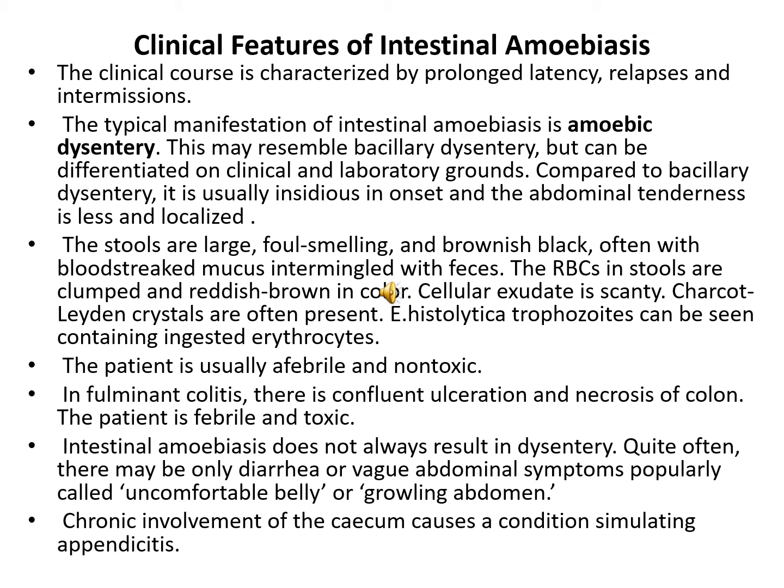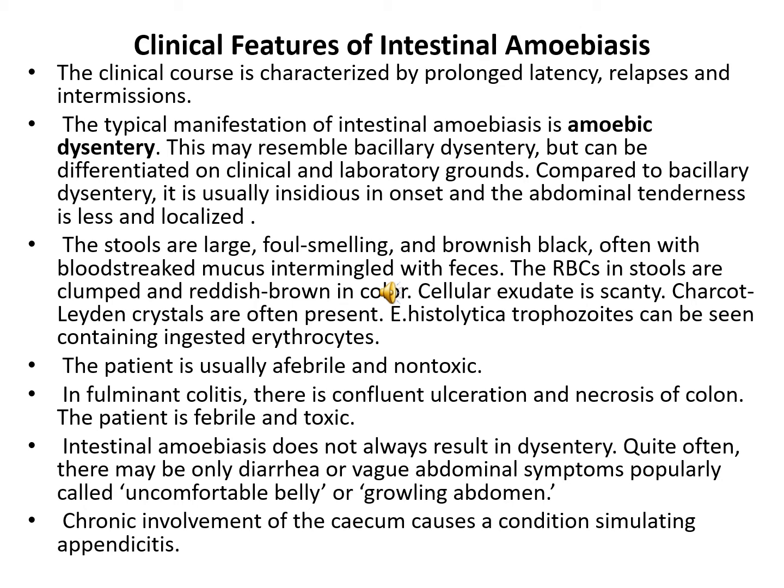This may be confused with bacillary dysentery, but by macroscopic appearance, like the amount of the stool and the smell of the stool, amoebic dysentery can be differentiated from bacillary dysentery. Amoebic dysentery has a bad, foul smell, and bacillary dysentery is not foul smelling.